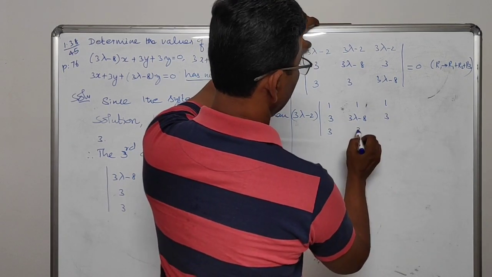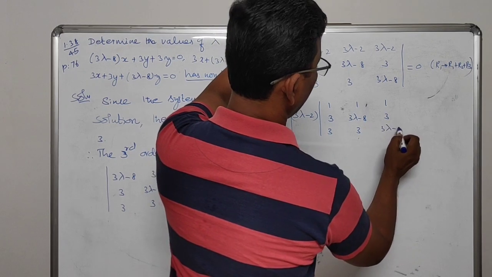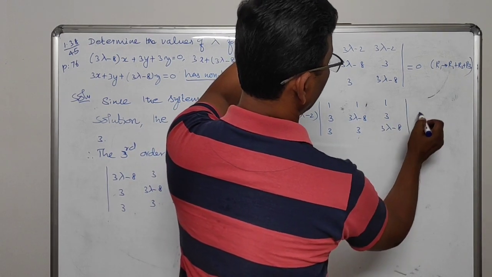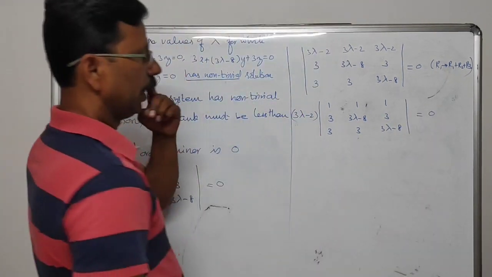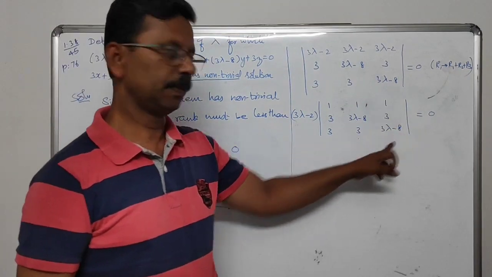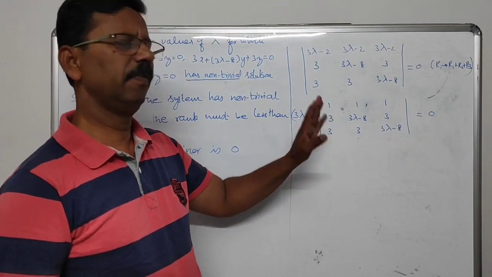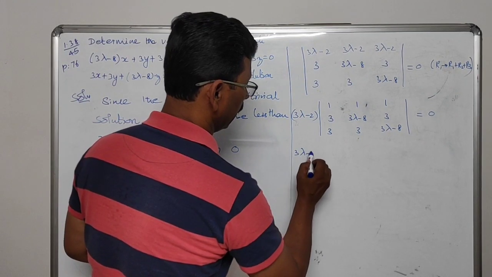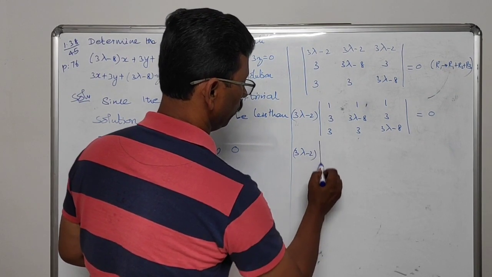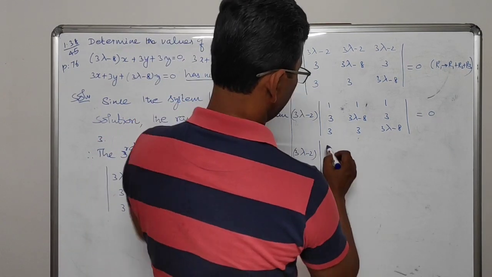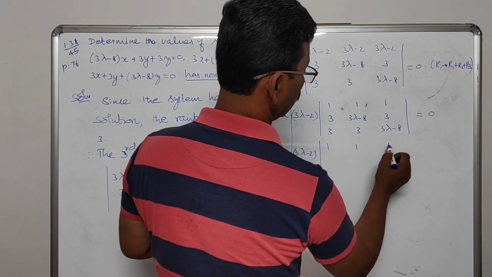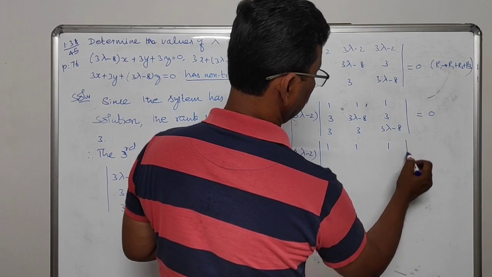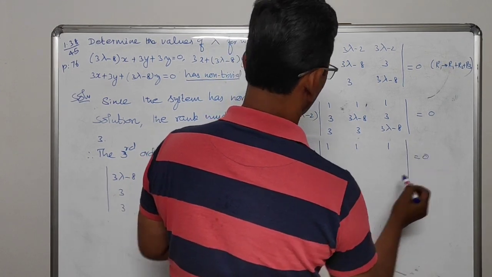And this is 3, lambda minus 8, which is equal to 0. Now this determinant can be expanded. Again we can use some elementary transformations. You can get 3 lambda minus 2 into, first row you can write as 1, 1, 1, which is equal to 0.